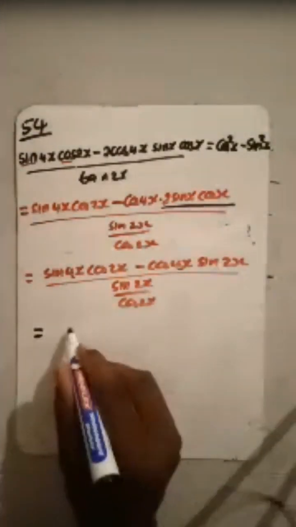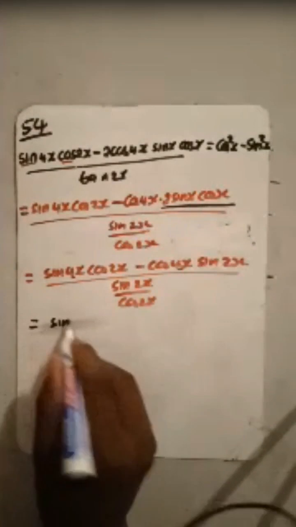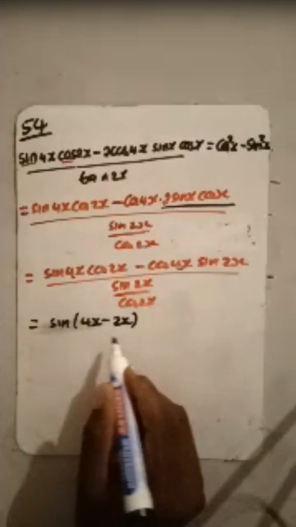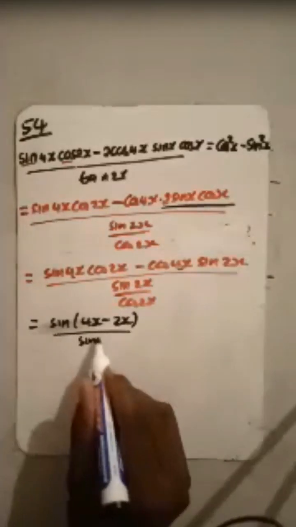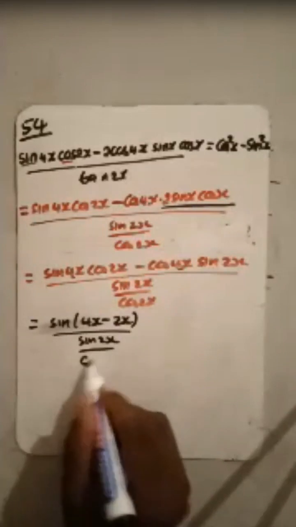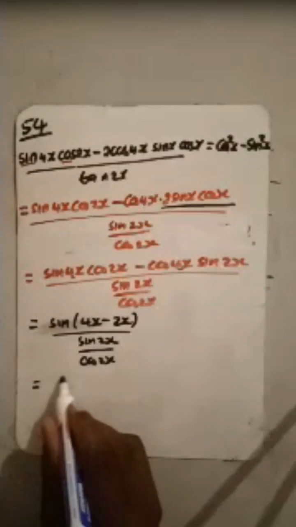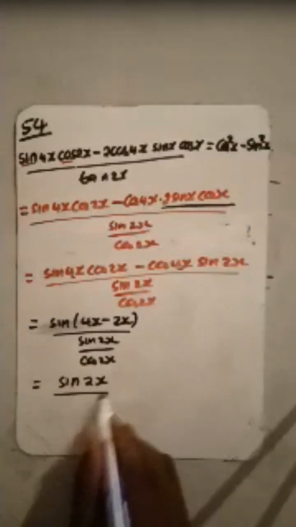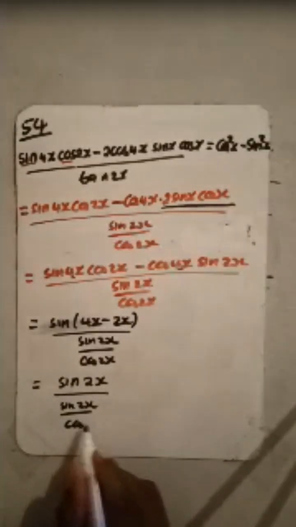Up to this part, do you understand? Sine 4x minus 2x. You get this one, right? Yes. Over sine 2x over cos 2x. Okay? So the next step was supposed to be sine 4x minus 2x, that is 2x, still over sine 2x over cos 2x.